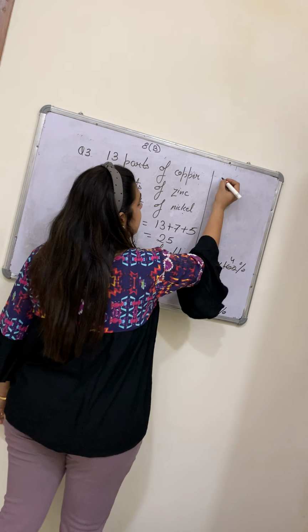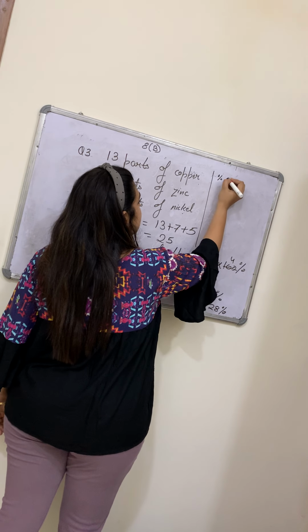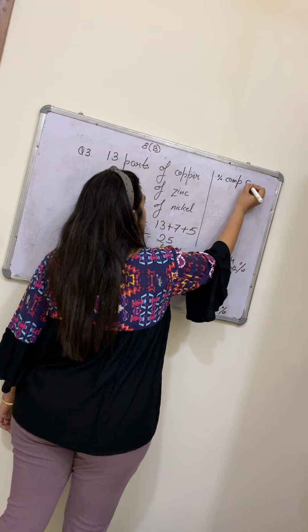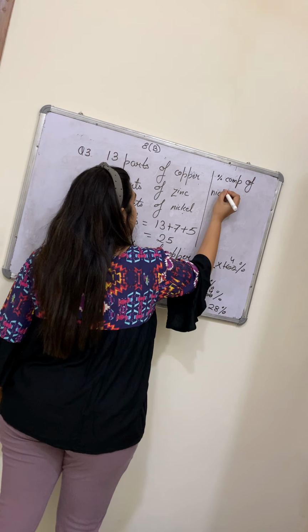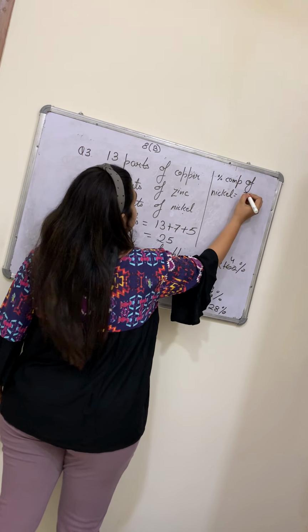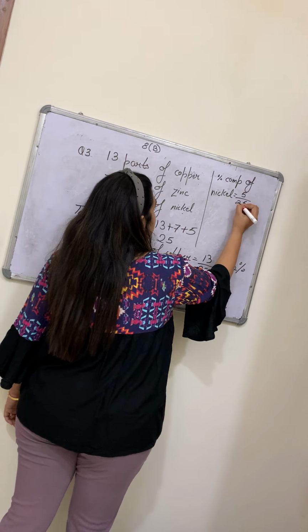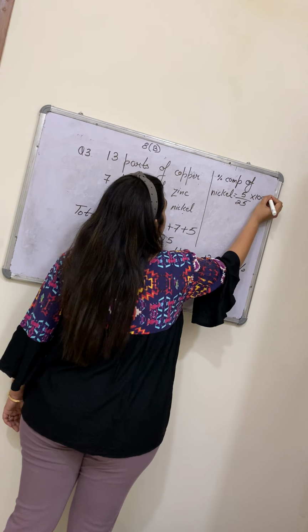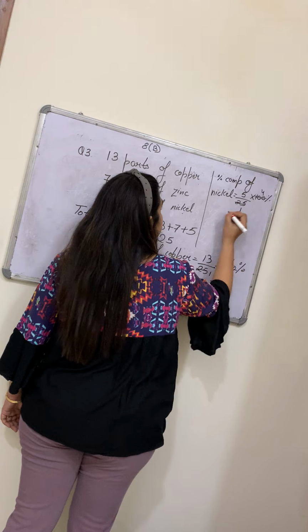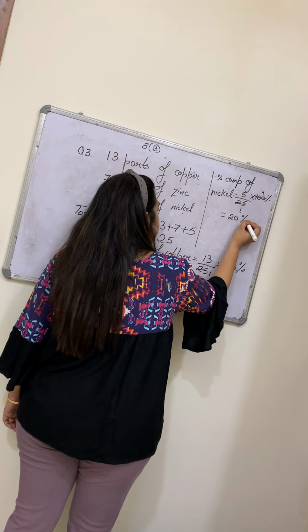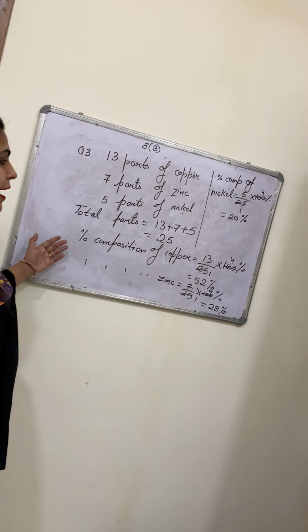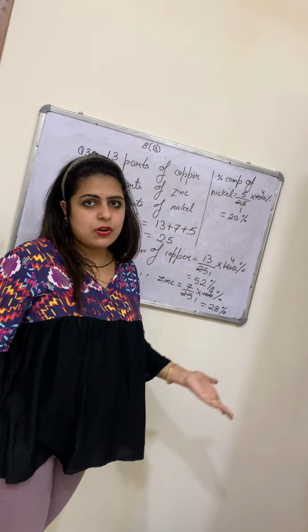The percentage composition of nickel will be 5 upon 25 into 100%, that is 20%. So we have calculated all three percentage compositions.